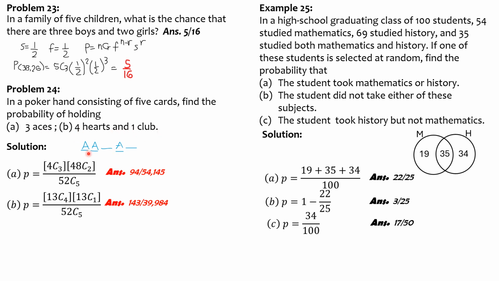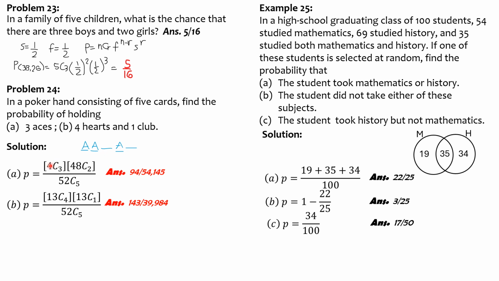So for 3 aces, this may be the arrangement, but it doesn't mean that the first of the cards is ace, as long as there are 3 aces here. So probability of favorable outcomes would be, for the 3 aces, it should be from 4, and we do not know the suits.